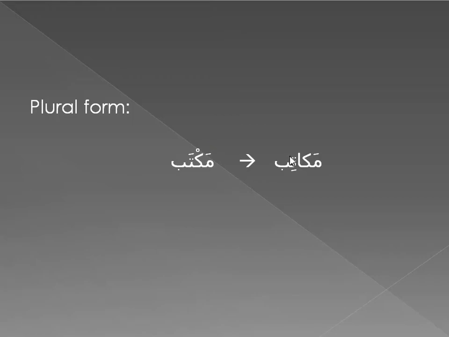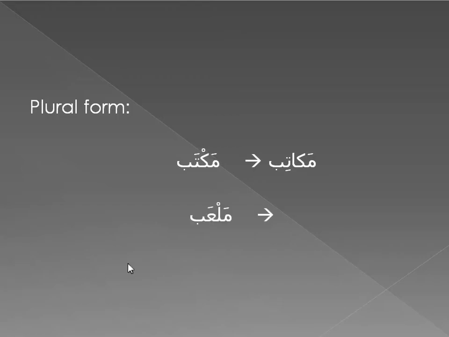Notice what we've done. The beginning stays the same. We insert an aleph here and we put a kasra here. Makatib. Maktab, makatib. And it's that simple. Just remember which one is which, and you'll be all set. And you can plug anything into that pattern.